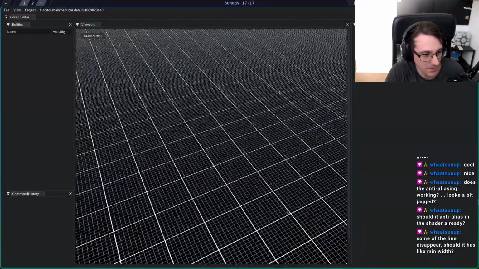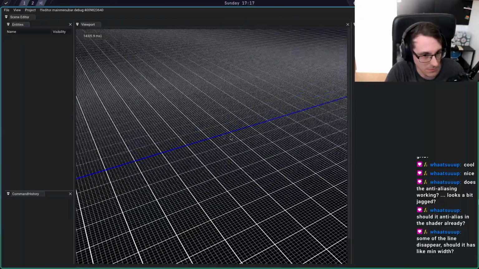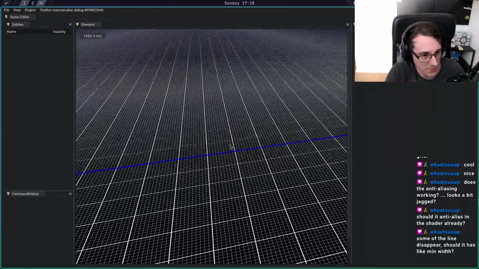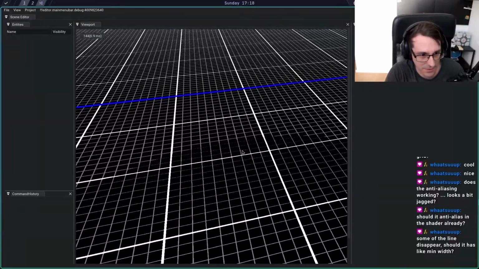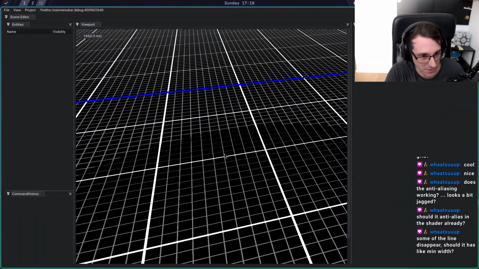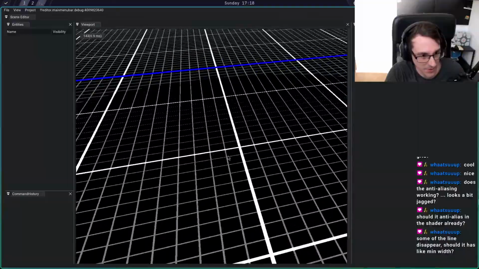Yeah, I think it might be still some float issue. I will look at that, but I don't think it's necessary. You can see something changing with the line when I'm coming in front with the camera, then suddenly it breaks here.